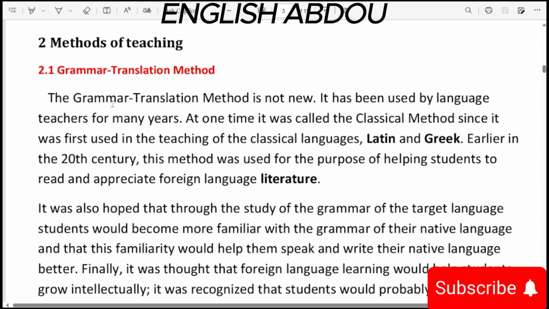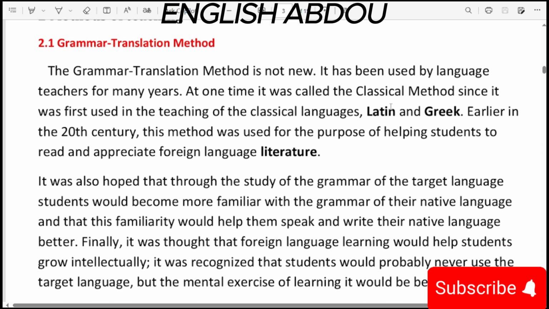The grammar translation method, or the classical method, has many names. It is not new. It is the first method. It is old, and it has been used by language teachers for many years. At one time, it was called the classical method, since it was first used in teaching classical languages like Latin and Greek.